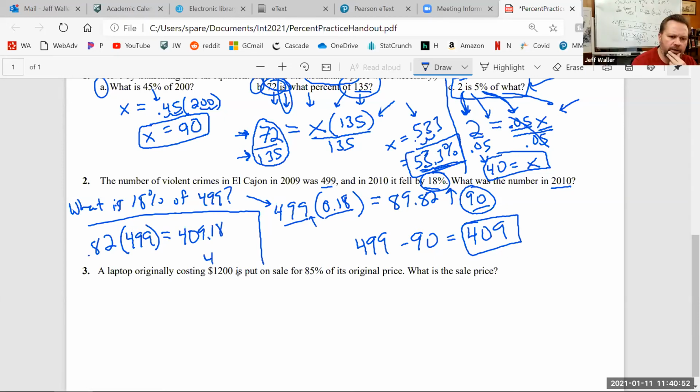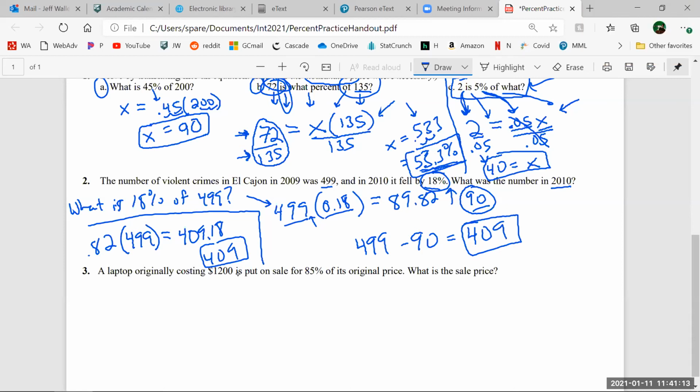If you round that, you get 409. Same answer. So that's how those kind of work. If something's on sale for 10% off, that means that it will be 90% of the price it used to be. Does that make sense?